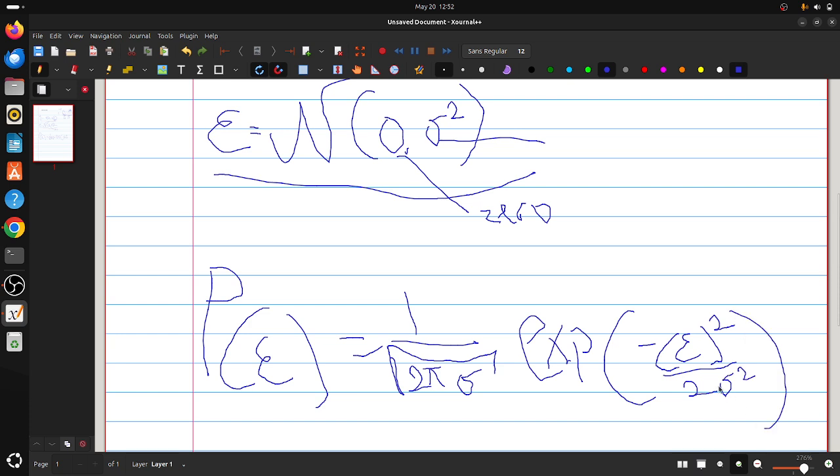So that is the probability density function of the error, because it follows a normal distribution.